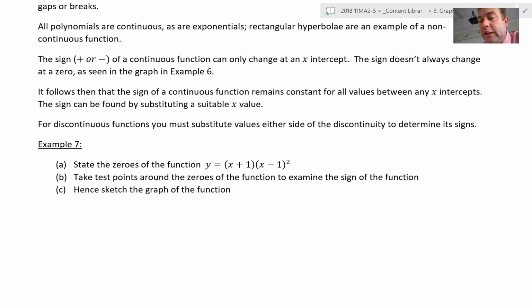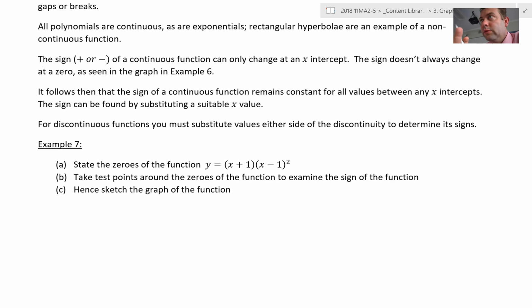Now there is this thing called the intermediate value theorem. It says that for a continuous function, the sign, whether it's positive or negative, doesn't change between consecutive zeros.